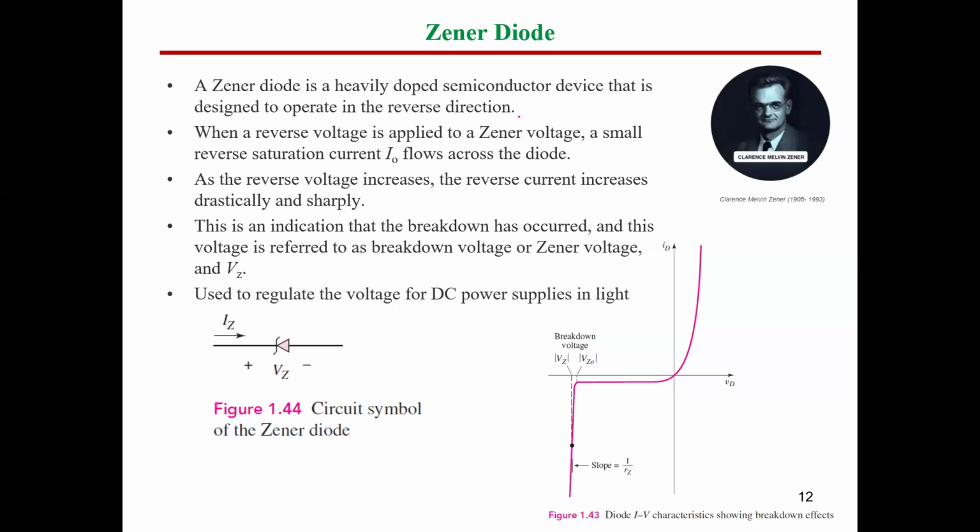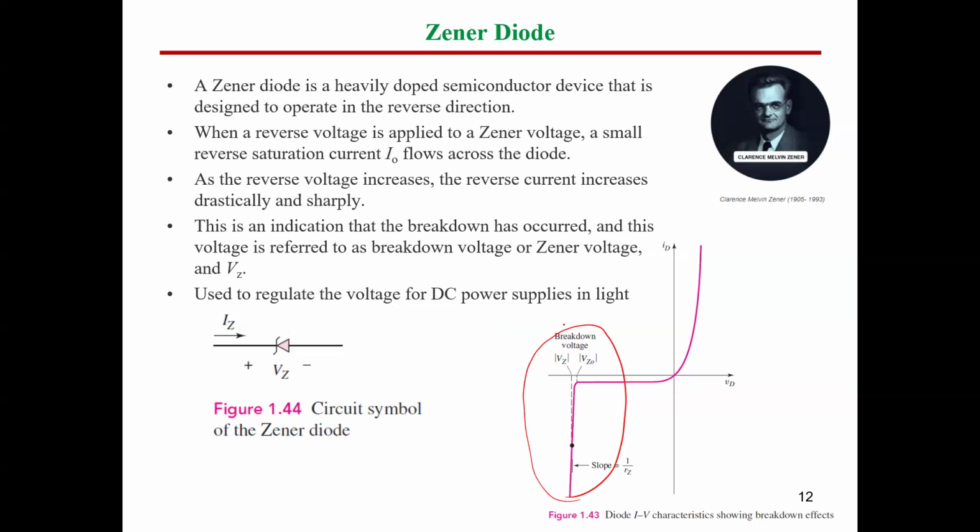Since the material is heavily doped, it can work safely in this reverse biased region without damage. For the general purpose diode, if the volt reaches the value of the breakdown volt, the diode is going to be burned or damaged and cannot be used anymore.